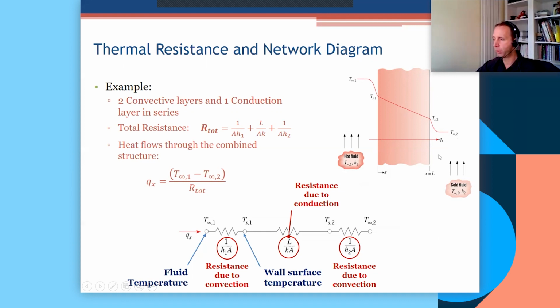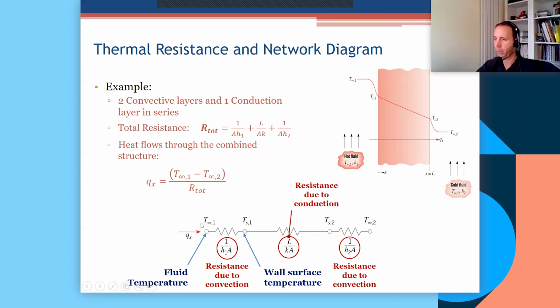At the interface between them, we decide, okay, let's try to find out the temperature there. We define the convective zone as the regional space across which the temperature difference exists, where a resistance is.